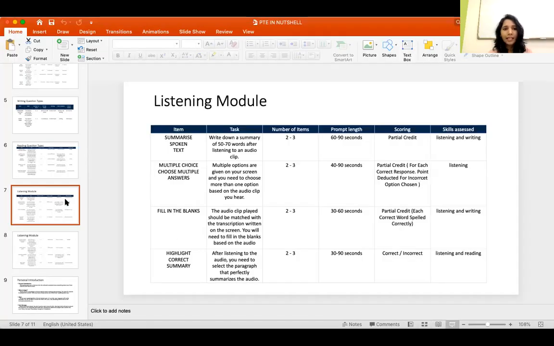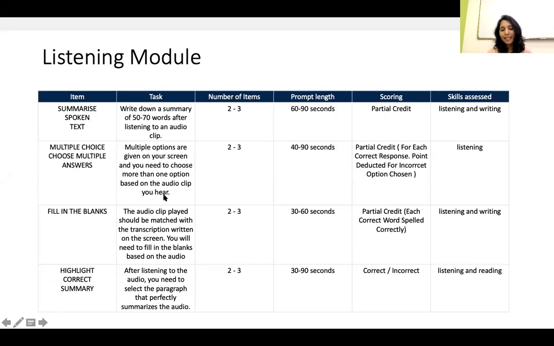Your PTE listening is for a total of about 48 to about 51, 53 minutes. So you have 8 different types of questions in listening. So that's 8 different types of tasks. Listening is divided into 2 sections. There's part 1 or section 1 of listening and section 2.